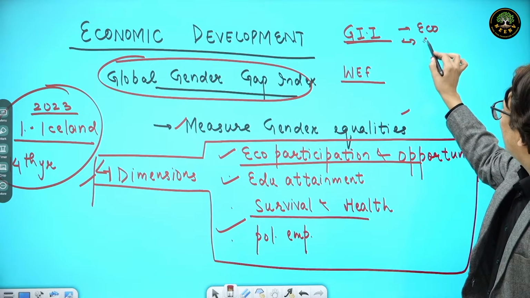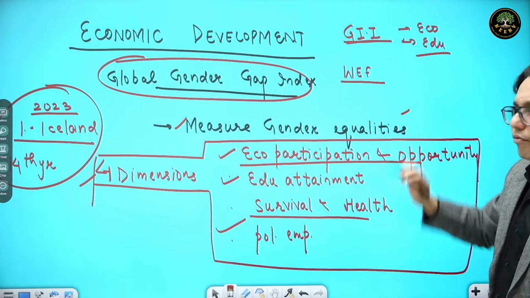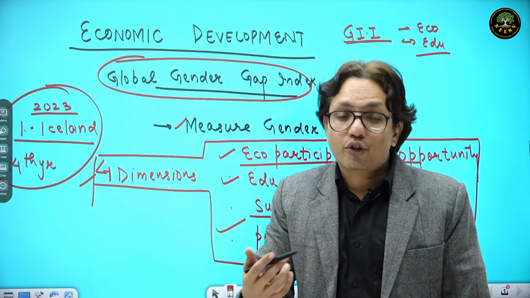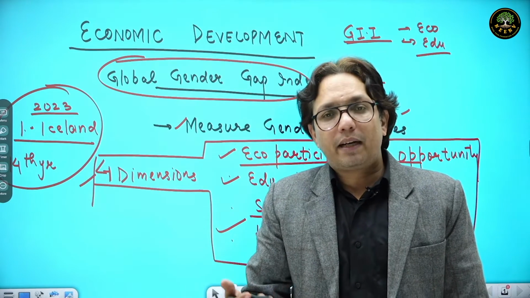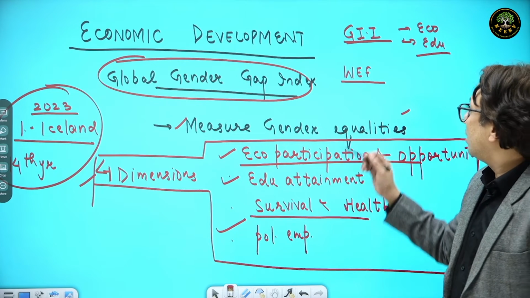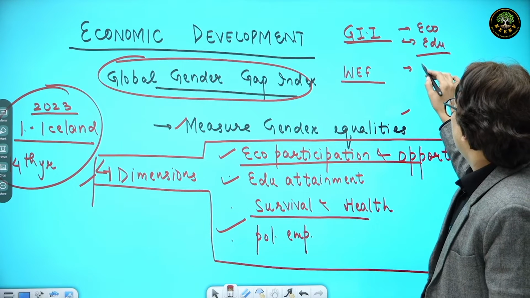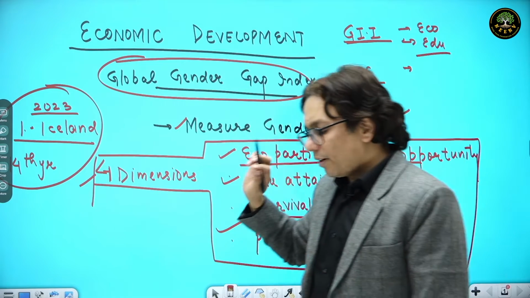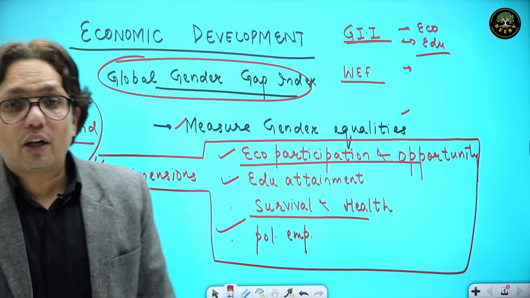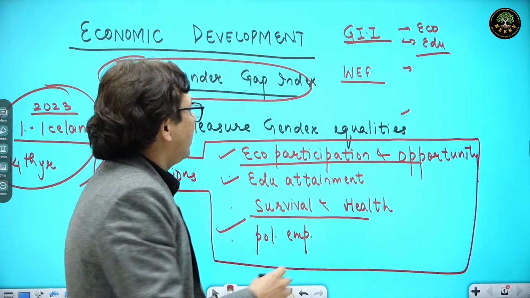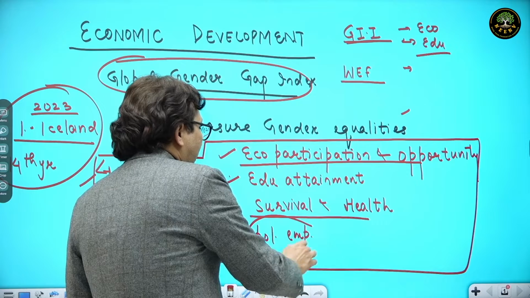It measures education attainment of girls, how many ladies are into higher education, proportion of women and men in higher education. It also measures survival and health. It talks about what is the maternal mortality rate, and it also measures what is the adolescent birth rate. Alright, and then it also talks about political empowerment.